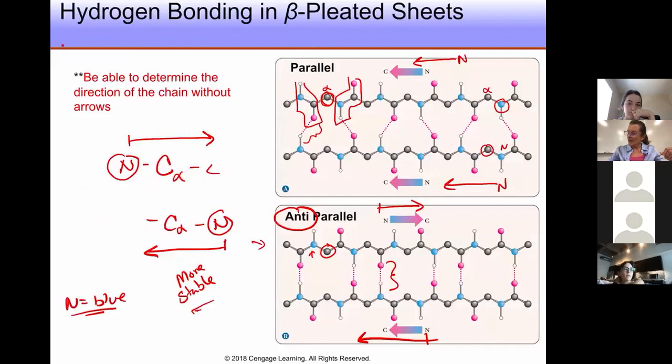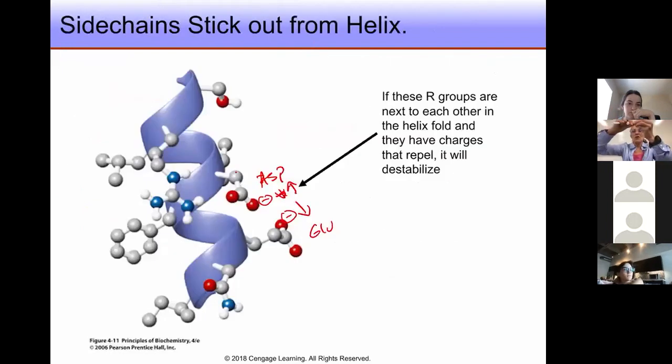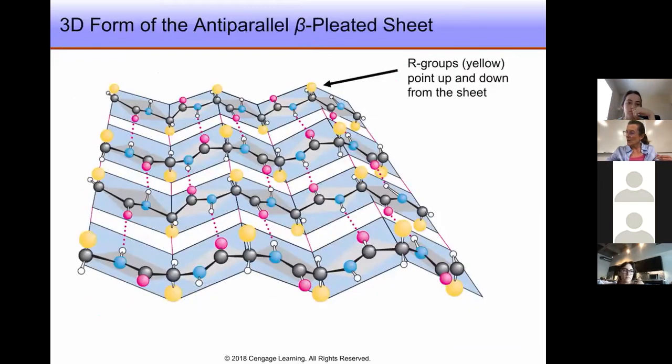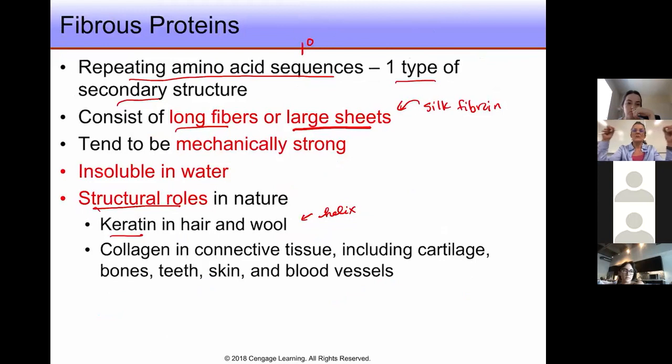But if you look at a helix, you can stretch it further before it becomes linear. So fibrous proteins characterized by helices tend to be more springy and stretchy than ones with beta sheet. They are mechanically strong and insoluble in water, right? Hair does not dissolve in water. Wouldn't that be horrible?